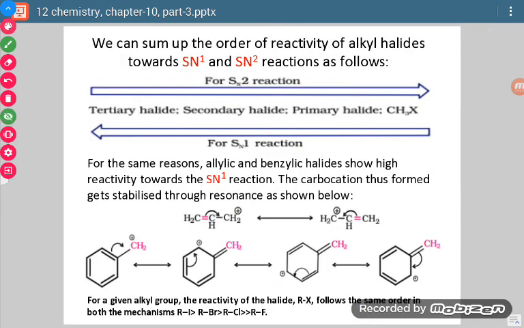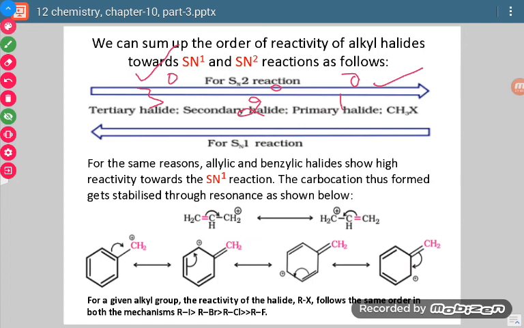Now we have shown both the mechanisms again, which will show which way. If we start moving from tertiary to secondary to primary, then the SN2 mechanism will be shown maximum by primary. Primary alkyl halides will undergo SN2 mechanism, and for SN1 mechanism, tertiary will go maximum.